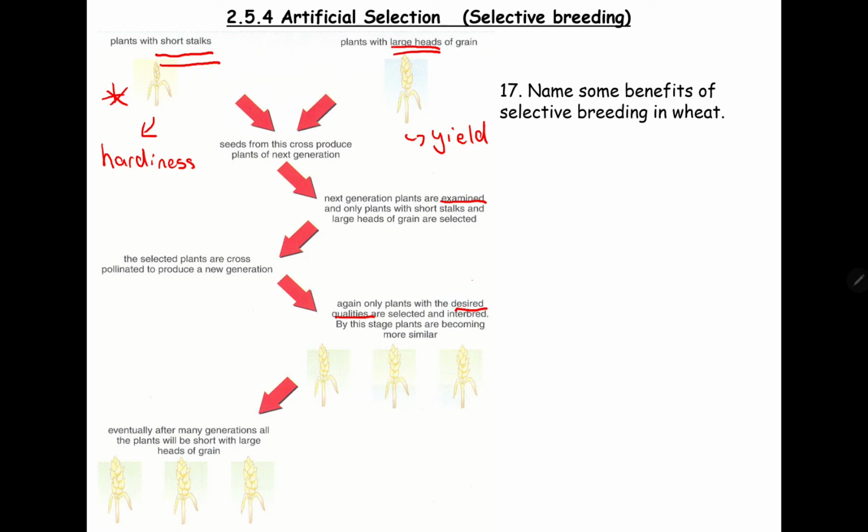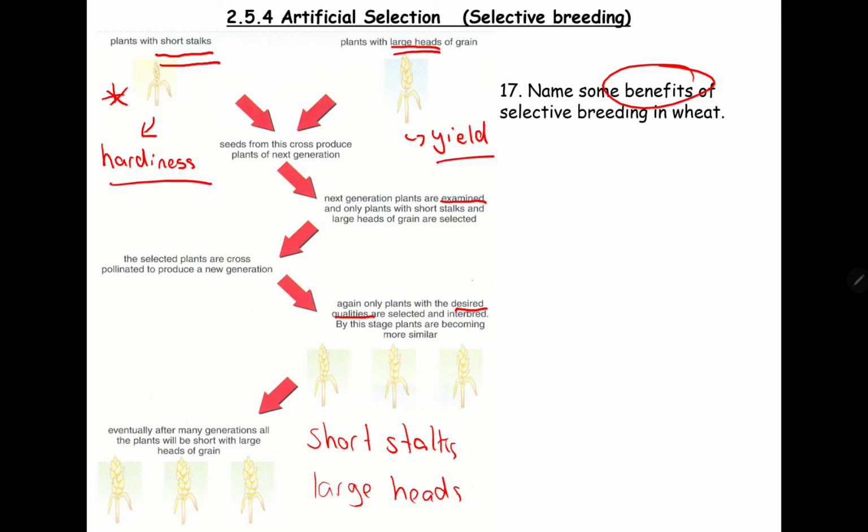Okay, so eventually, after many generations, they will all have short stalks, and they will all have large heads. Okay, and we give two examples of the reason why this is, or two of the benefits. In this case, we're talking about yield and hardiness.